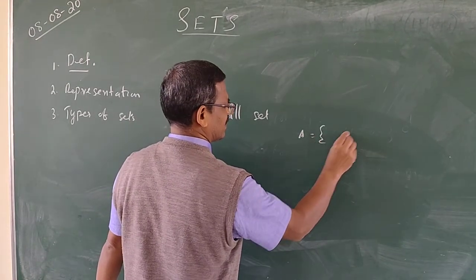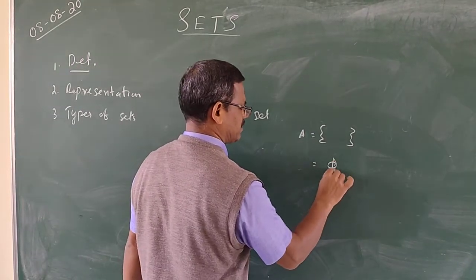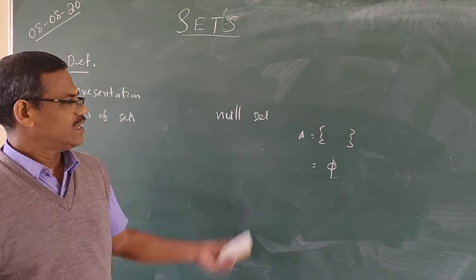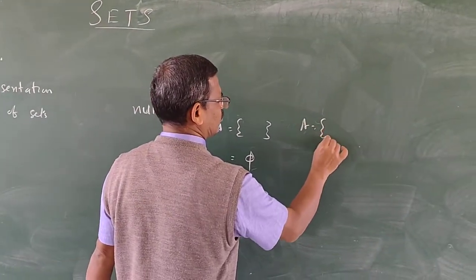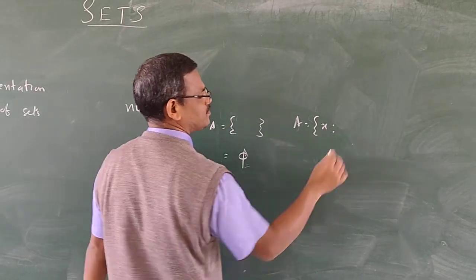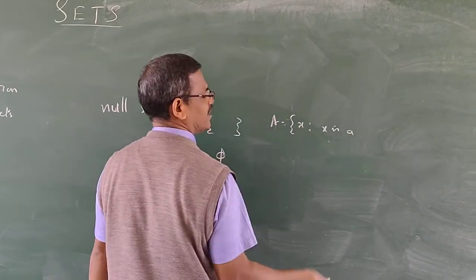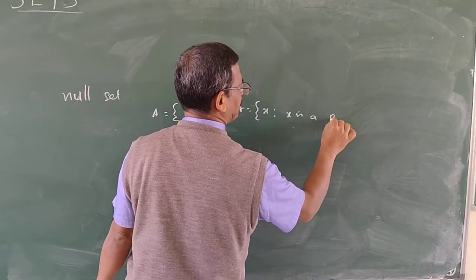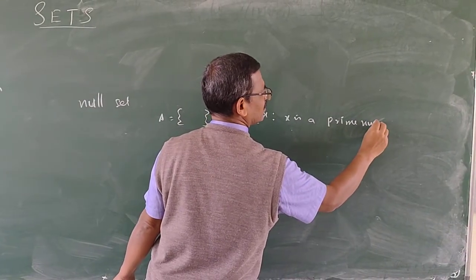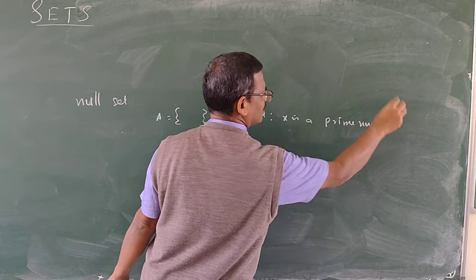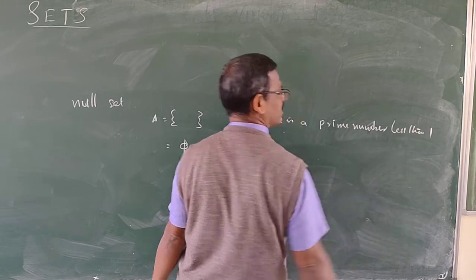Say, I write like this: no elements. Sometimes the null set is denoted by a symbol like this. If you want an example, say A is the set of x such that x is a prime number less than 1.